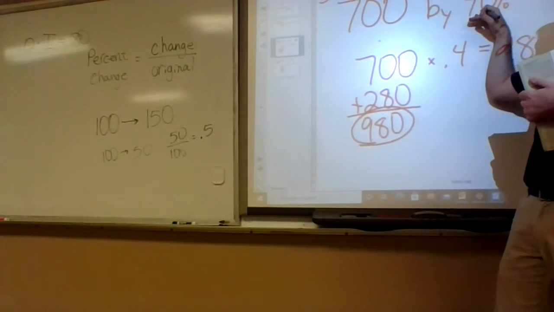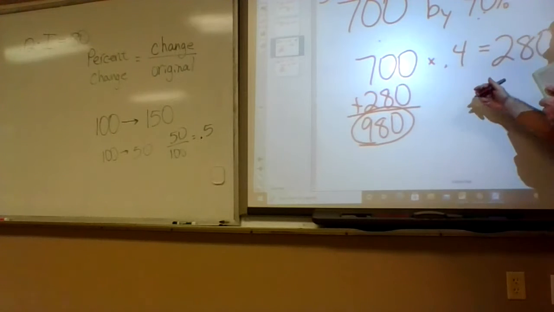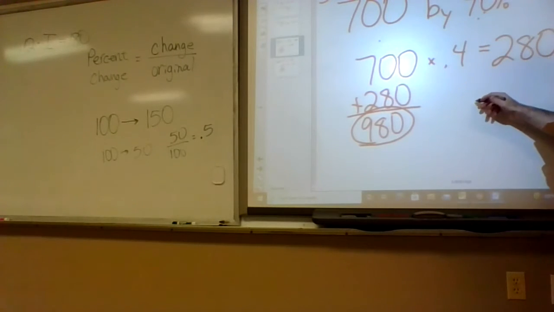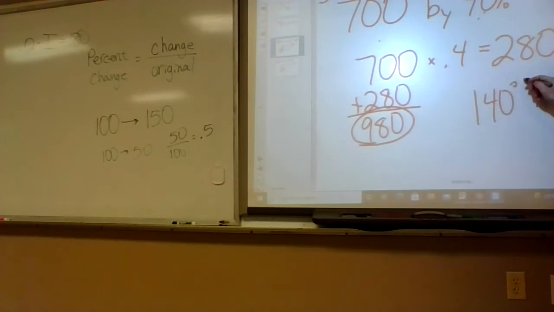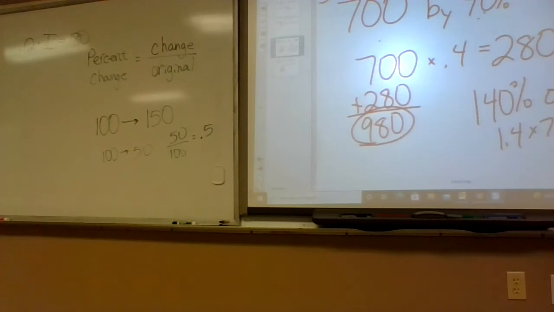If I'm going to increase by 40%, 100 plus 40 is 140%. So another way we could have done this problem is 140% of 700, or in other words, 1.4 times 700. Guess what that gives us? The same answer.